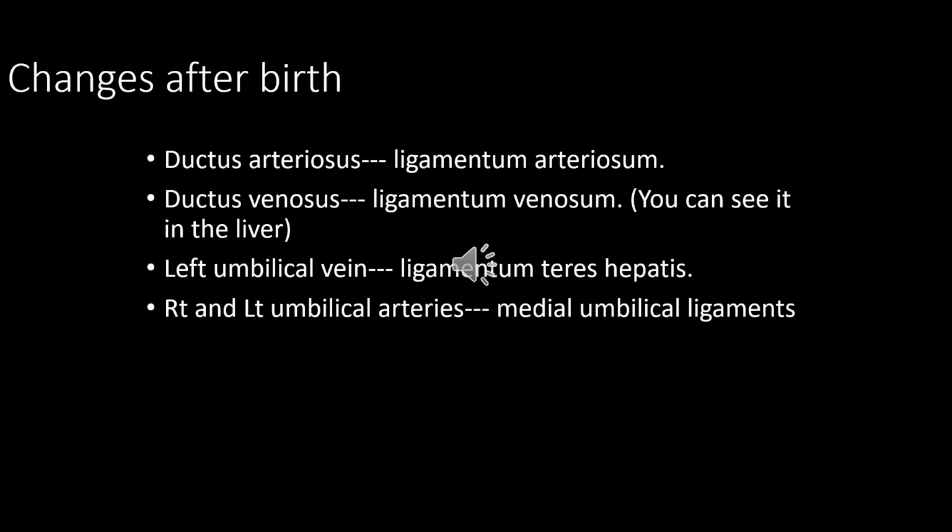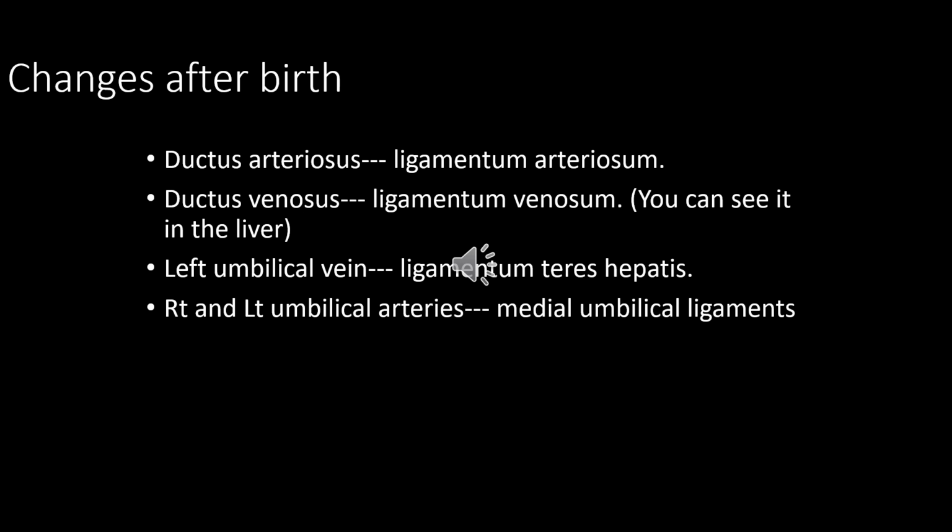And the ductus arteriosus, which was shunting blood into the arch of aorta, into the systemic circulation rather, will become a ligament, and we call it ligamentum arteriosum, or some American authors nowadays say arterial ligament.